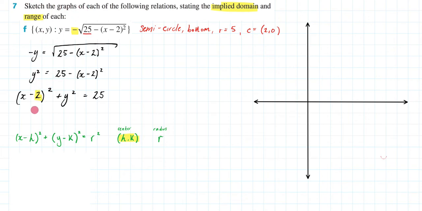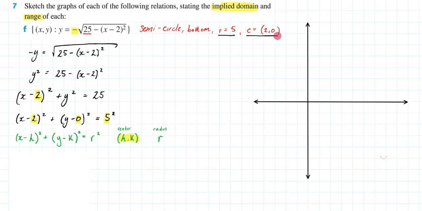If you wanted to make it even clearer, you could write (x minus 2) squared plus (y minus 0) squared equals 5 squared. So here we can see that my h is 2, my k is 0, and my r, my radius, is 5. So this has just proved what we said up here, that my radius is 5 and that my center is (2, 0).